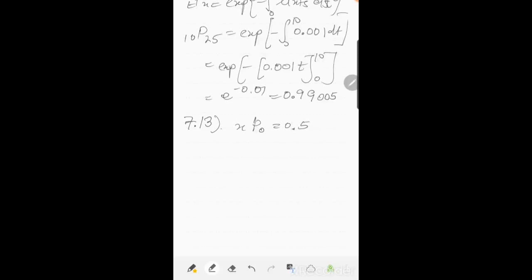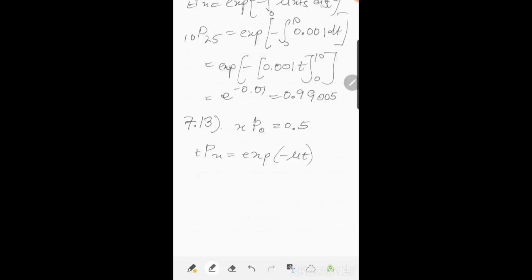So now we have to use a simple parametric approach. We have tpx is equal to the expectation of e to the negative mu t.